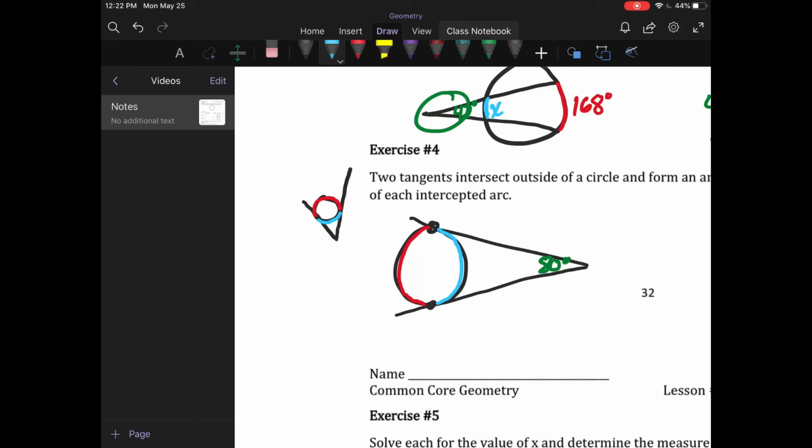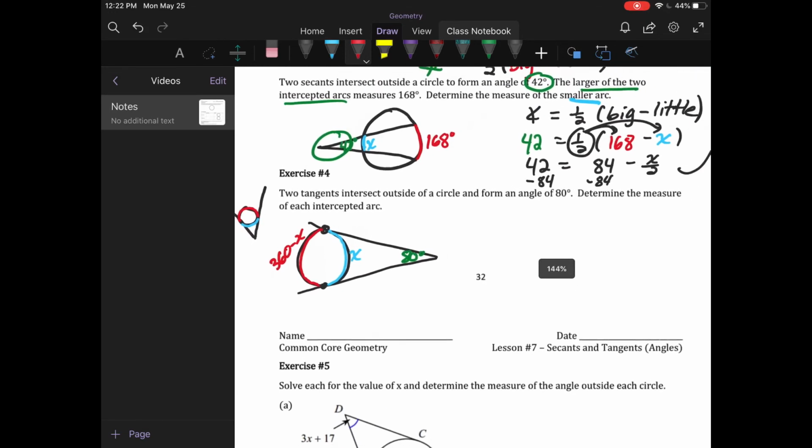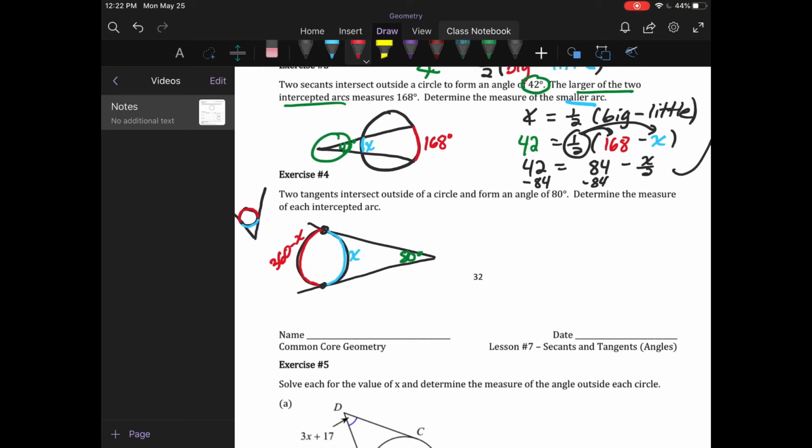So I'm going to call the small arc x, and then the big arc I'm going to call 360 minus x. Because if I knew what the small arc was and I wanted to find the big arc, I would just subtract from 360. And we're going to do the same formula again: the angle is half of the big minus the little.